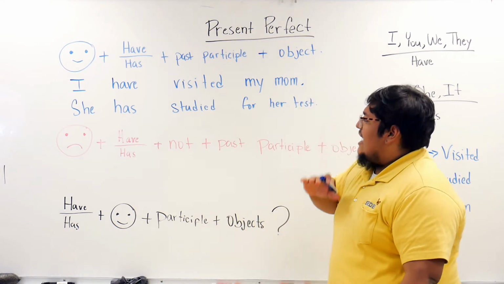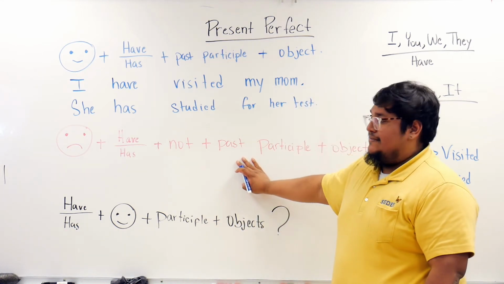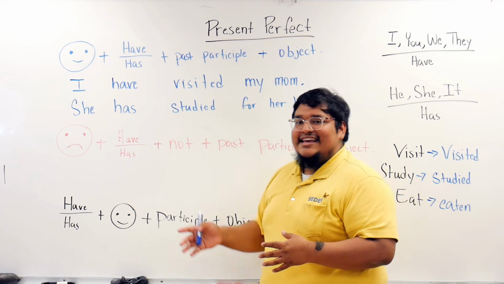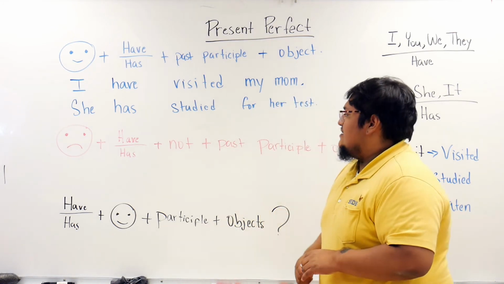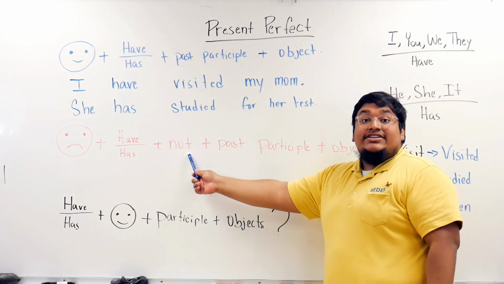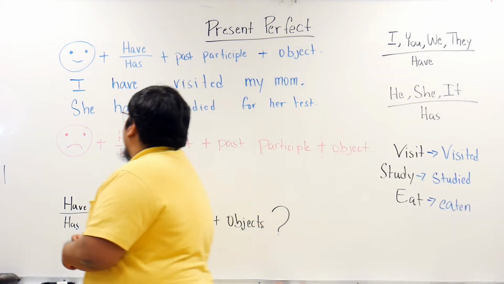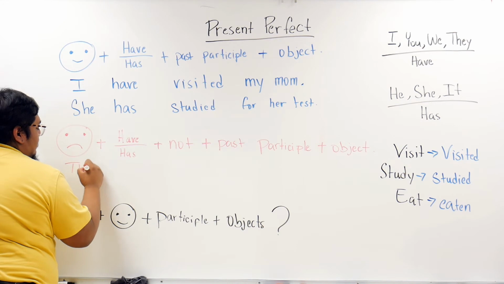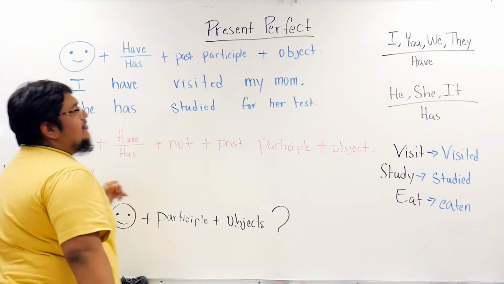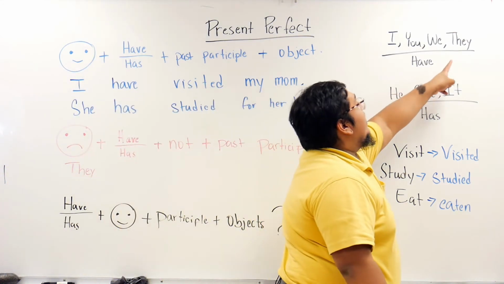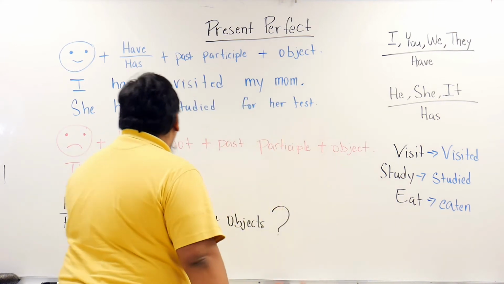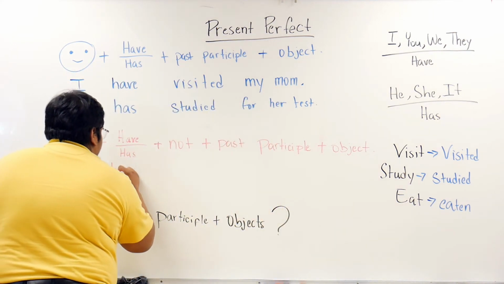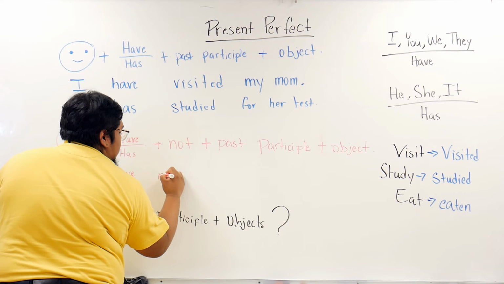Now, let's look at negative sentences. It's basically the same thing. The only difference is we're adding this negation, the word not. Let's see. We can say they, and because we're using the word they, we have to use the word have. So they have not.